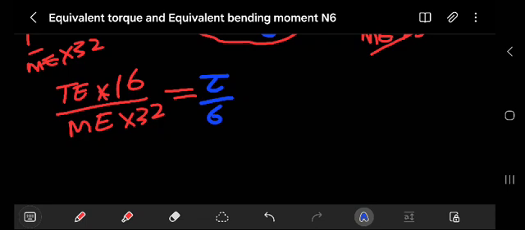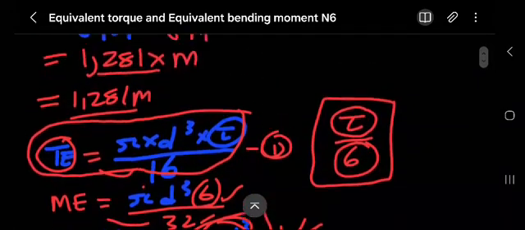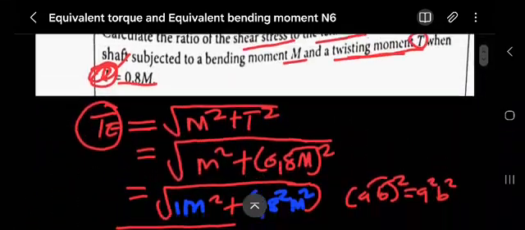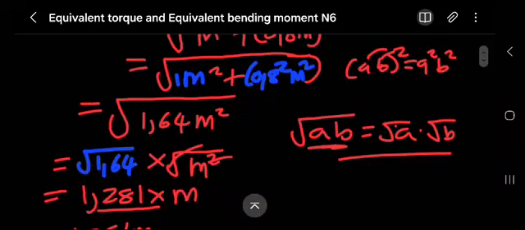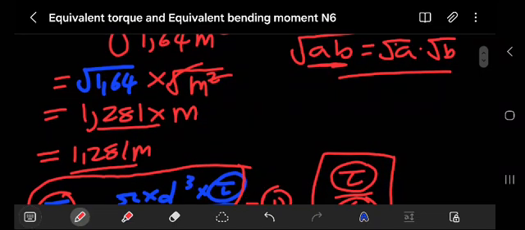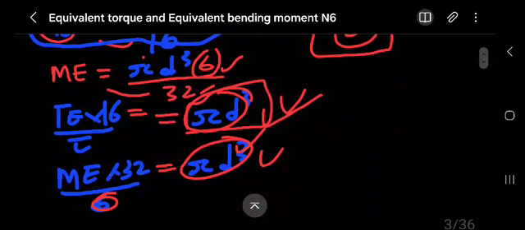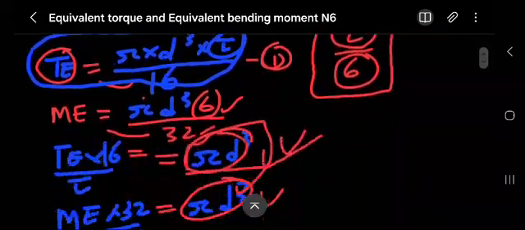Our ratio there. But now we have τ_E on the top. We did calculate τ_E and M_E separately. I have τ_E there on the top, guys. Remember, I have that.